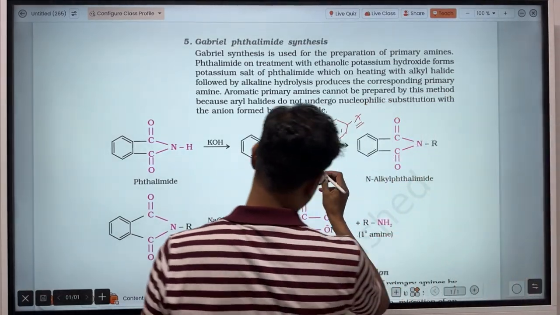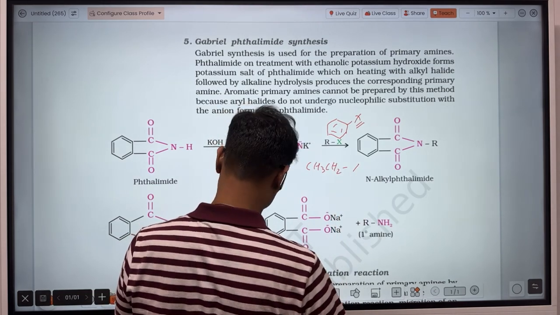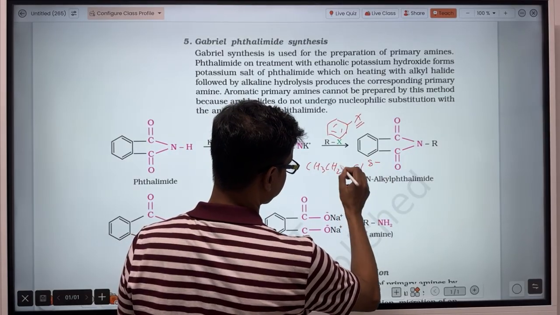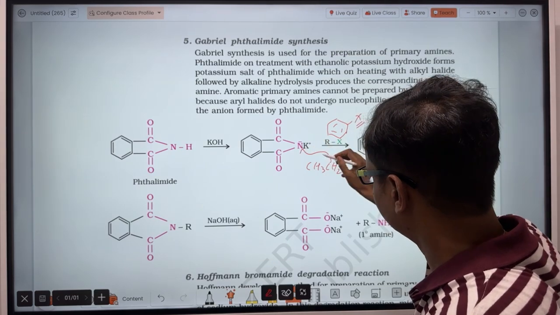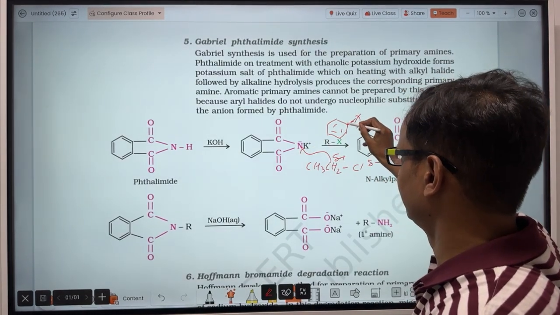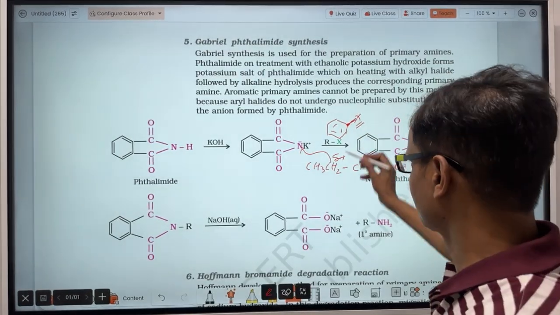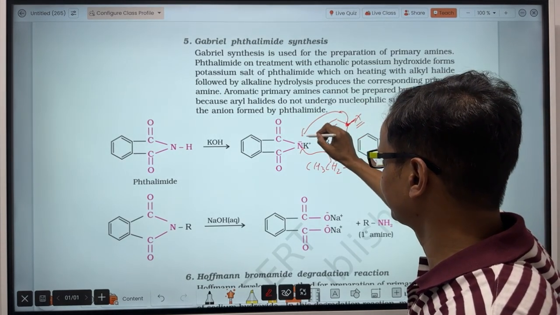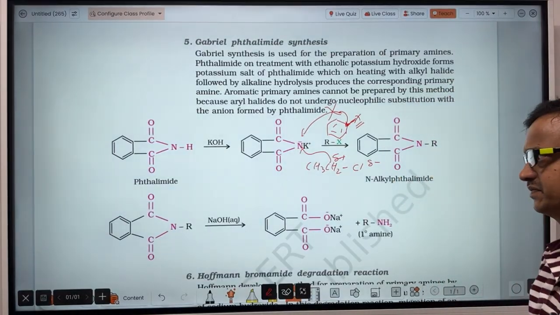What was happening here: here negative charge, here positive charge, so this carbon was attracted towards this nitrogen. But in the case of aryl halide, no positive charge will appear on this carbon atom, so it will not react. It will not be attracted towards the nitrogen.